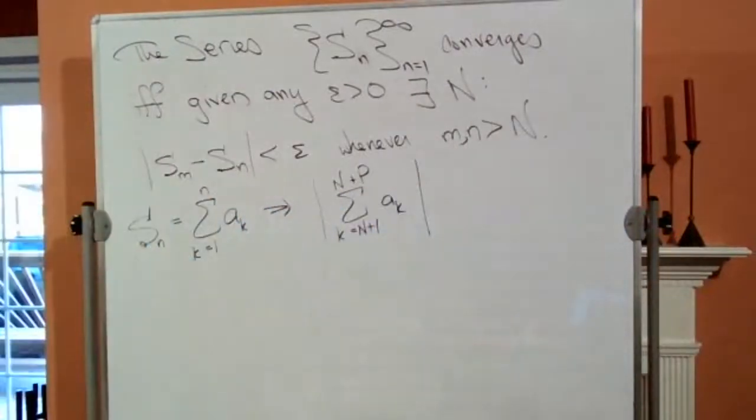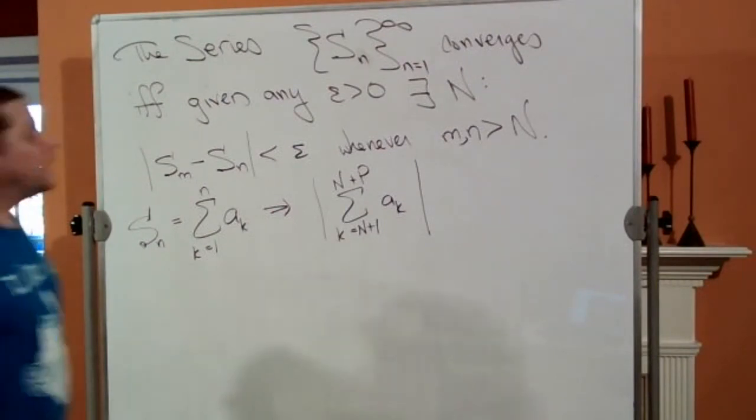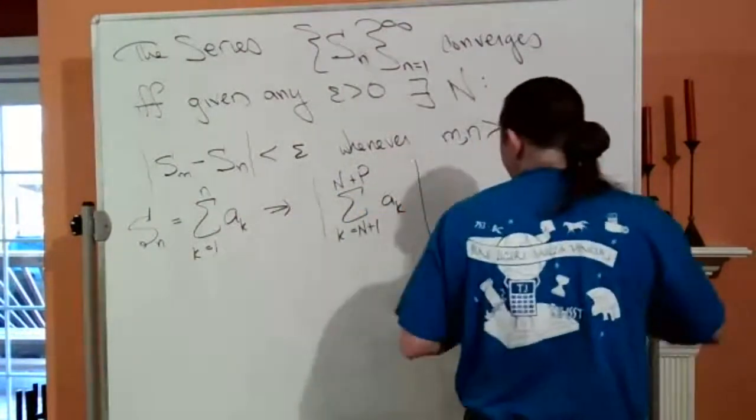So these values would be lowercase n is capital N plus 1, and m is capital N plus P.